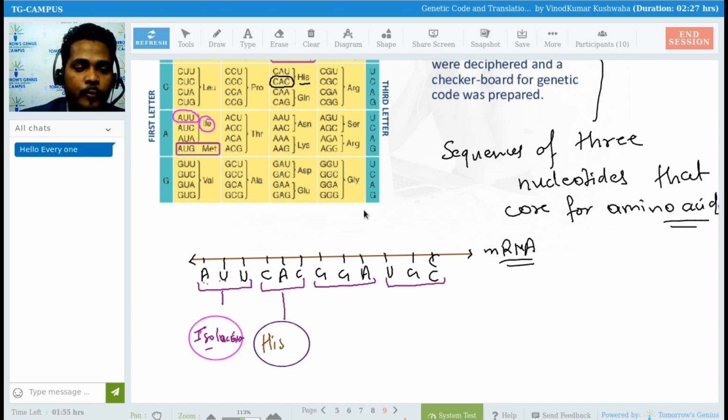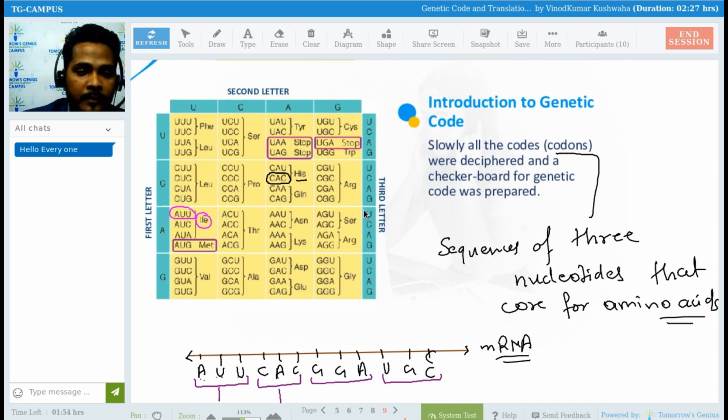Similarly, GGA. Now you have to go to the first letter, that is G, the second letter, that is G. First you have to focus on how you will go in this code. So you refer to G, then again the second letter G, and the third letter is A. Where is A?